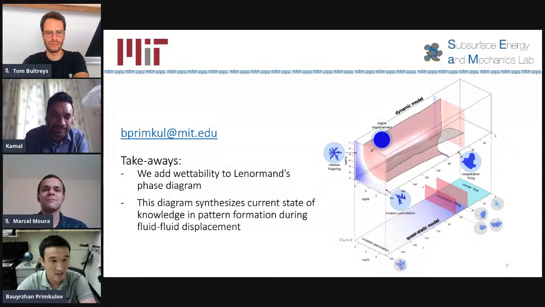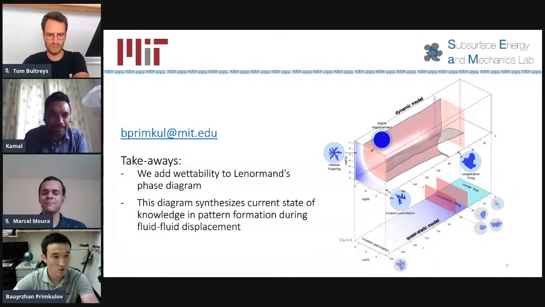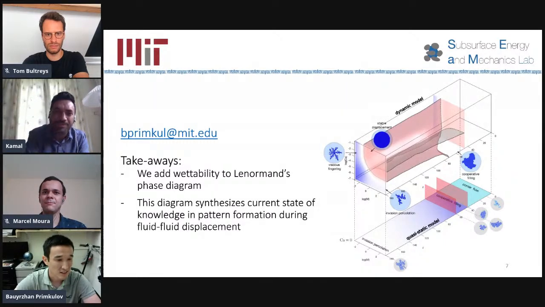There is a difficult part. The difficult part is corner flow at higher capillary numbers. In that regime, what people have observed is these wetting films that go ahead of the invading front, and those are really not so natural to capture in core network models.